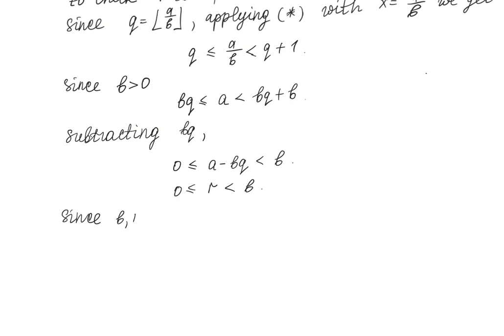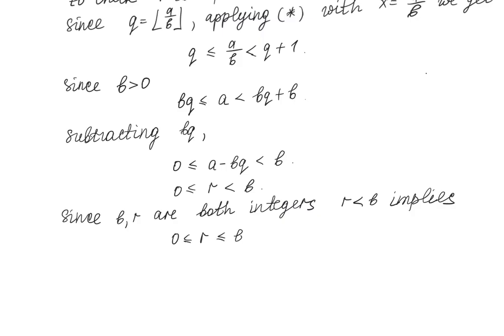And since b and r are both integers, r strictly less than b implies that 0 is less than or equal to r, which is less than or equal to b minus 1.